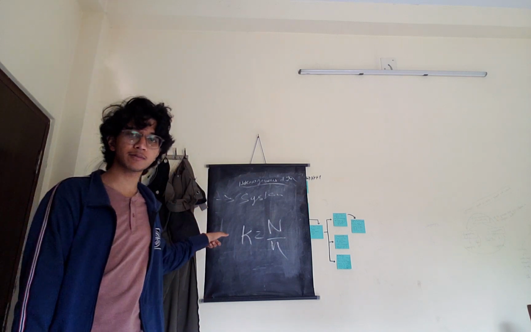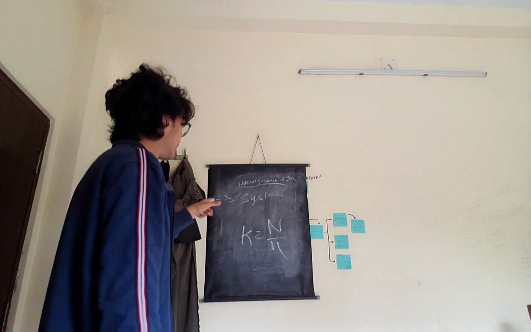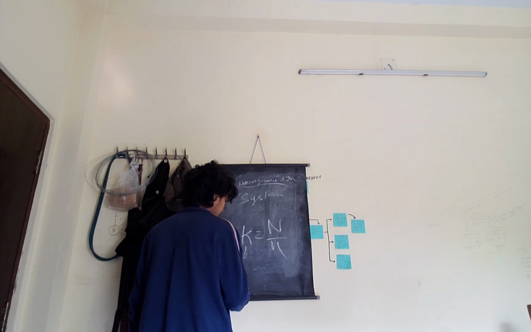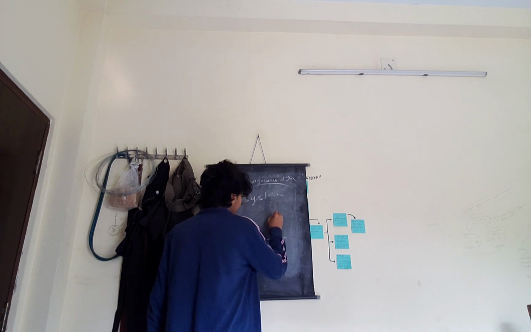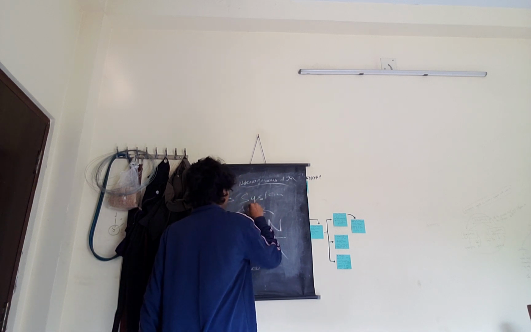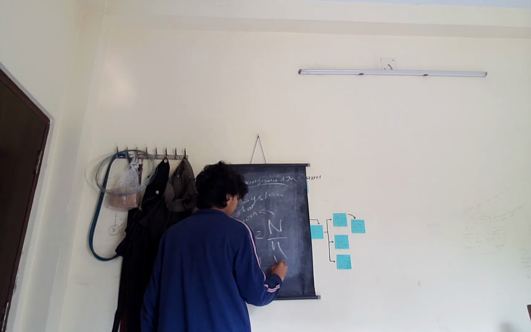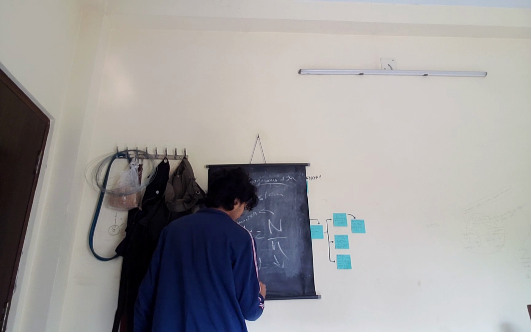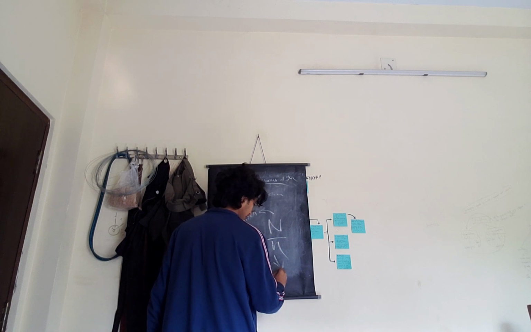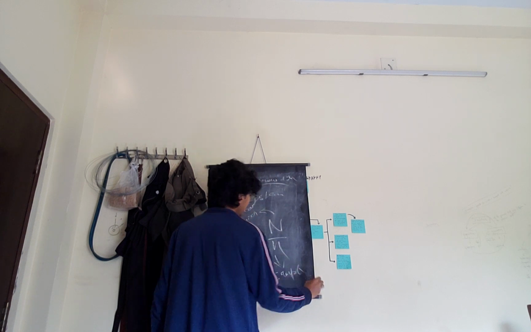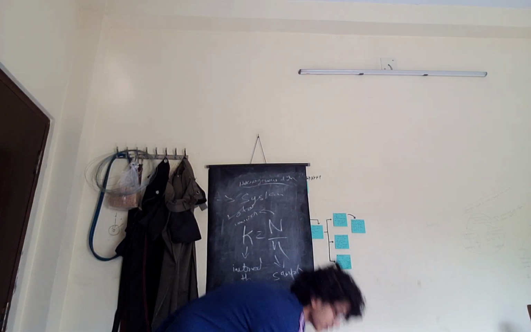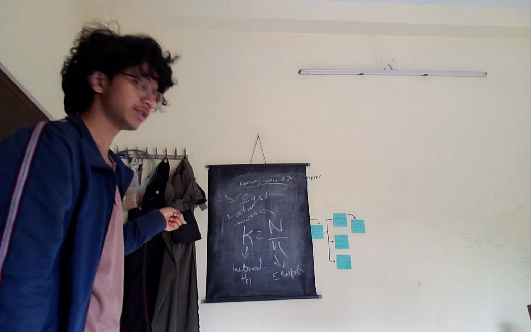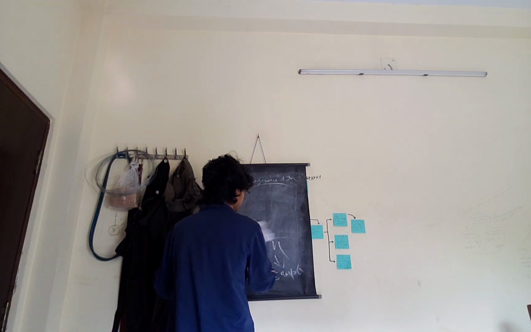In this formula, k is the interval, N is the total universe, and n defines the number of gaps or the number of students to consider, basically the sample. So, now that you have seen the formula, it's k equals large N divided by small n.